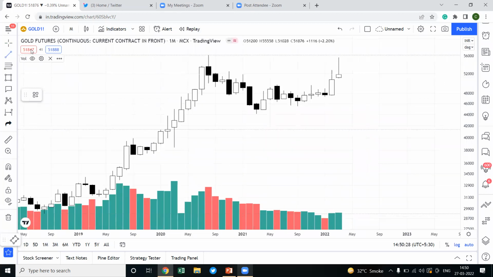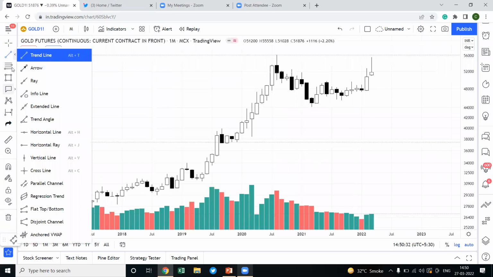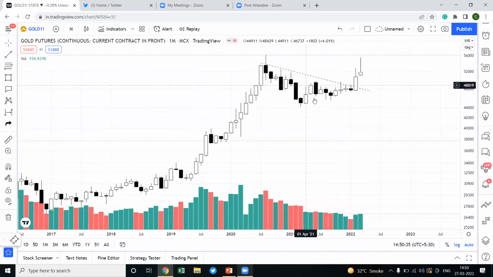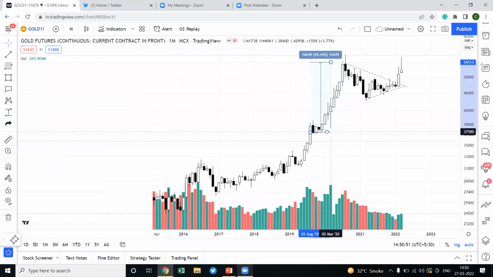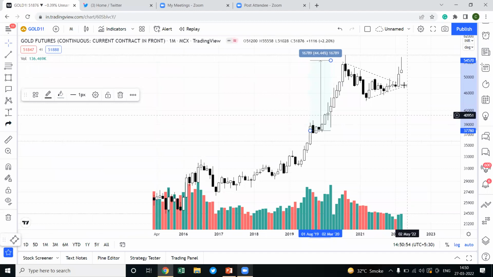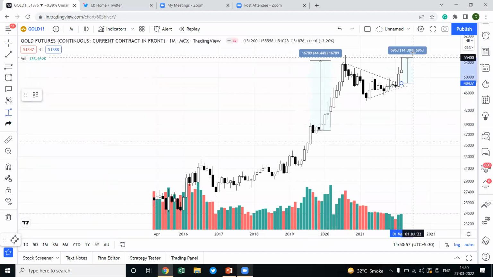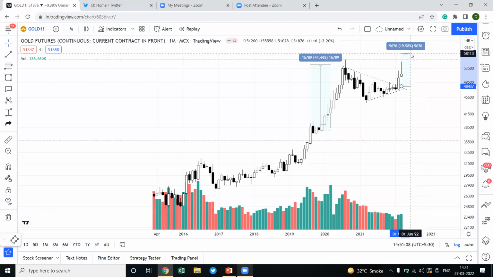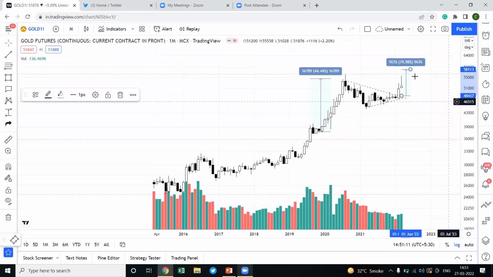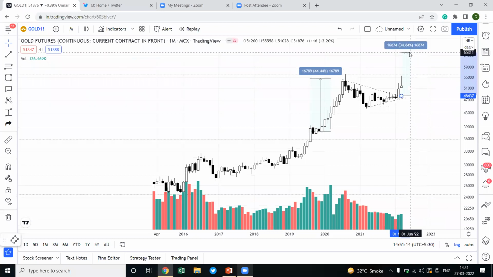Any price target? Yeah, the price target. Just a second. As we are looking at the monthly chart, the price target would be, as this is a pennant formation, the first target around the 60,000 mark, and the next target around the 65,000 mark.